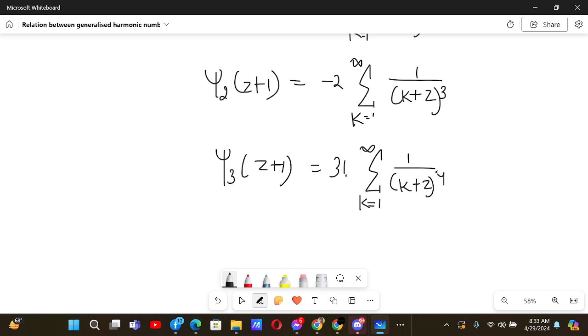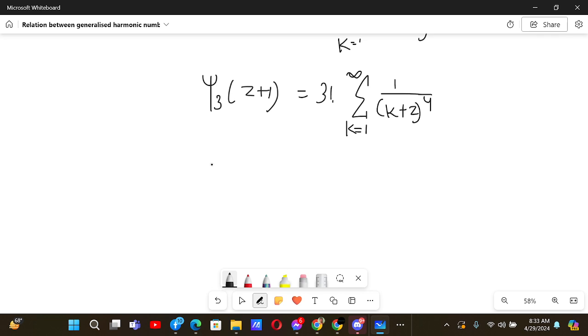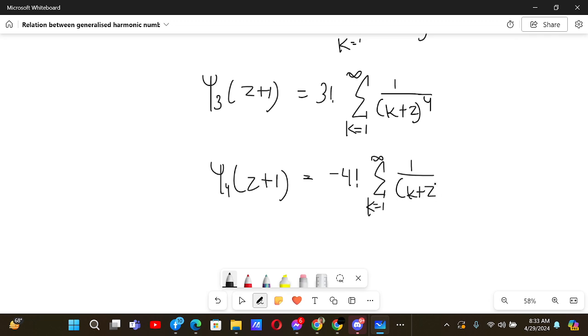Sum from k equals 1 to infinity of 1 by k plus g to the power 4. Similarly, if we try to find the fourth derivative of the digamma function, you basically now get negative 4 factorial, and then the sum from k equals 1 to infinity of 1 by k plus g to the power 5.